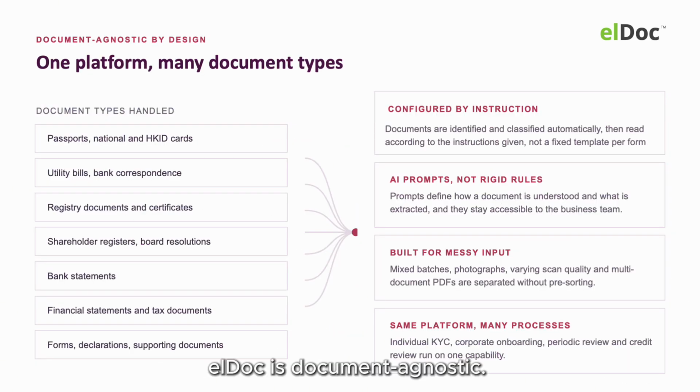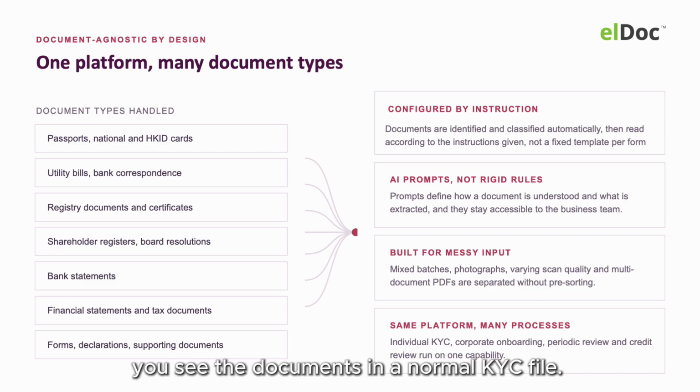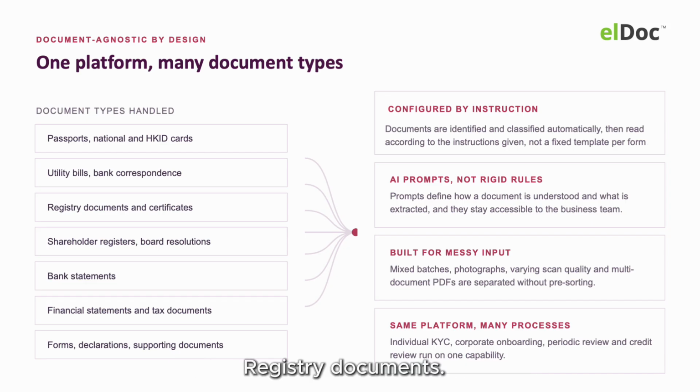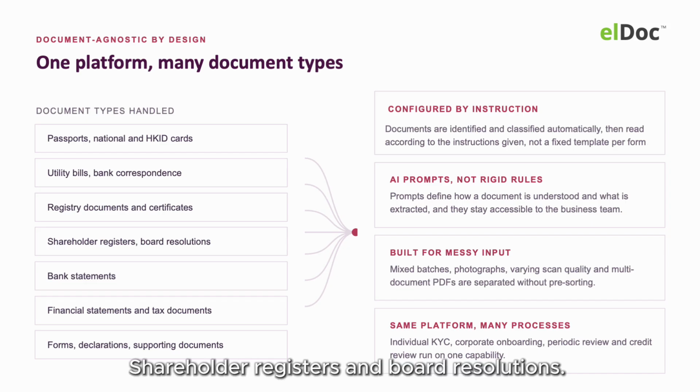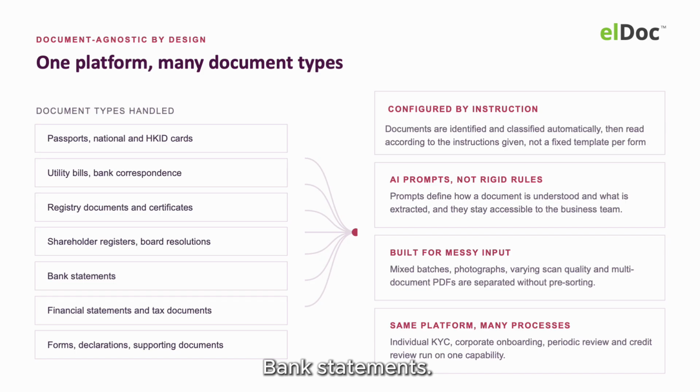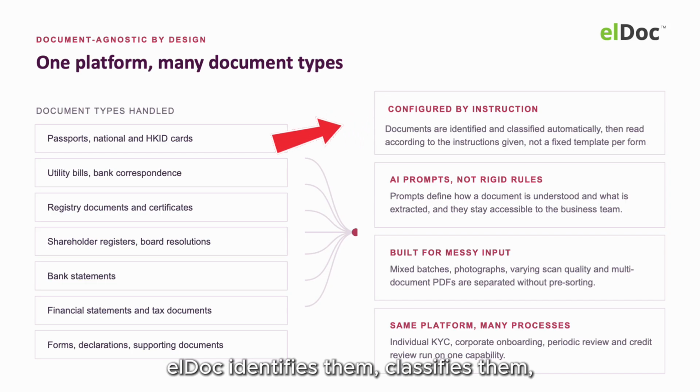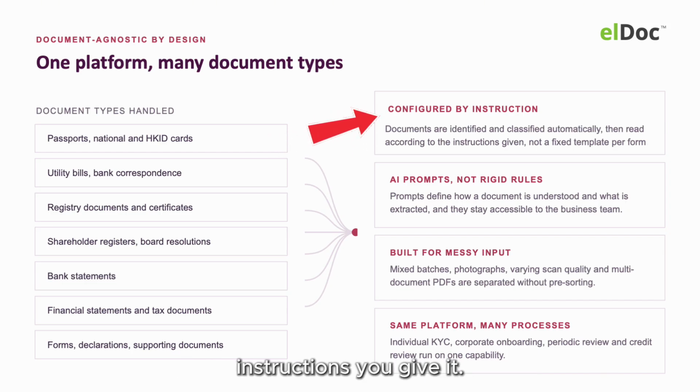elDoc is document-agnostic. It is not built around one single form. On the left, you see the documents in a normal KYC file: passport and identity card, utility bills and bank statements, registry documents, shareholders register, and board resolutions, financial statements, and forms and declarations. elDoc identifies them, classifies them, and reads them according to the instructions you give it.